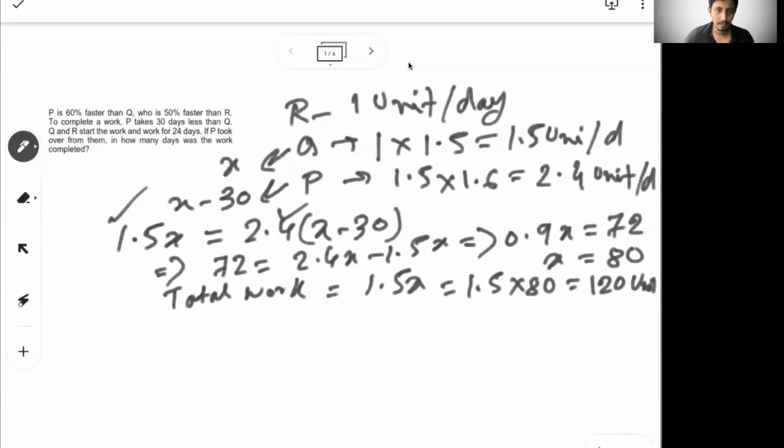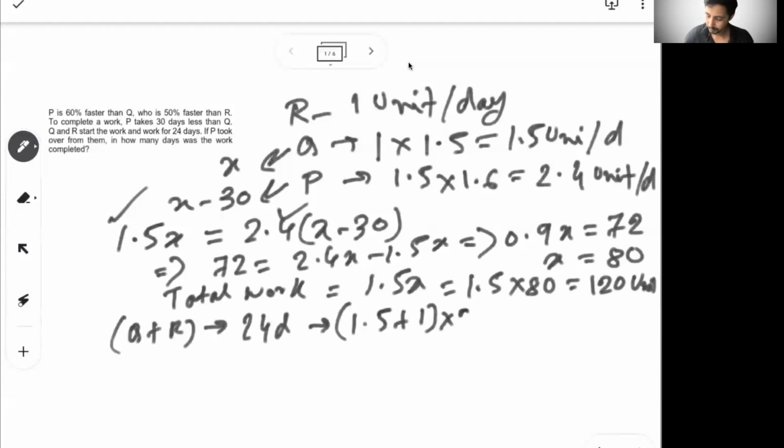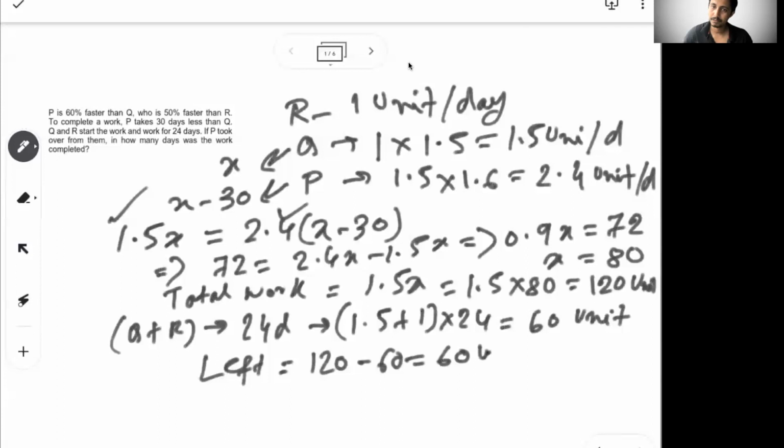Now Q and R start the work and they work for 24 days. Q and R in one day can do 1.5 plus 1, that is 2.5, into 24, which is 60 units. So what is left is 120 minus 60, that is 60 units after Q and R work for 24 days.